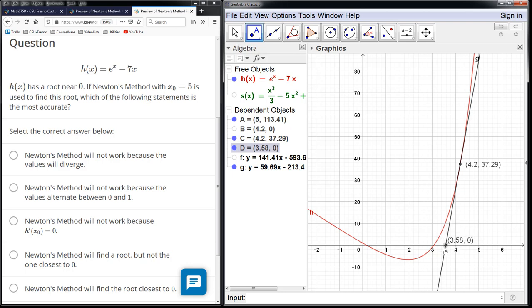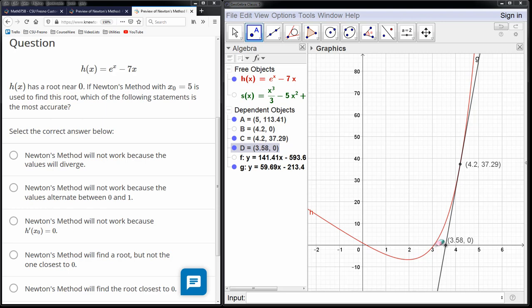I could keep doing this procedure as many times as I want, but I hope you can see what's going to happen. The more I repeat this procedure, the closer I'm going to get to an x-intercept.